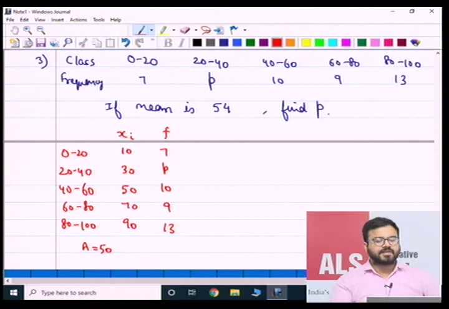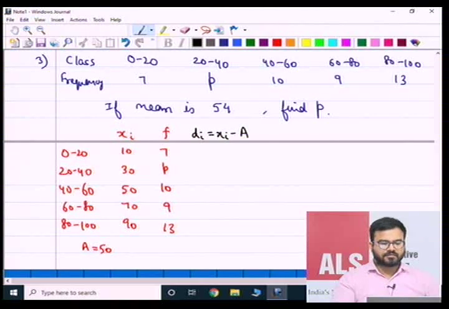If we take A as 50, then di is equal to xi minus A. So 10 minus 50 is minus 40, minus 20, that would be 0, 20 and 40.